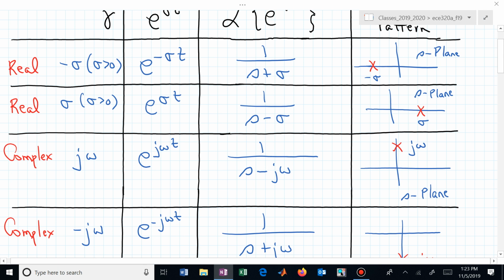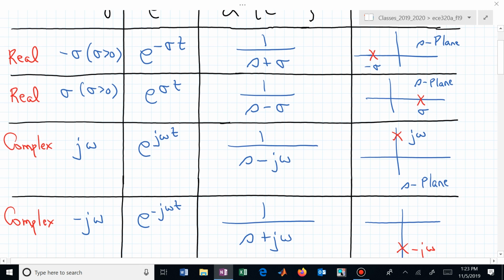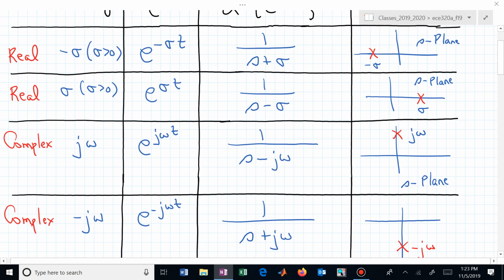We have real, negative and positive, and the associated transform expression. And we also have complex, upper half plane and lower half plane in the vertical direction of the complex plane. And where are the poles relative to those? The poles are just defined as the values of s that cause the denominator to vanish.